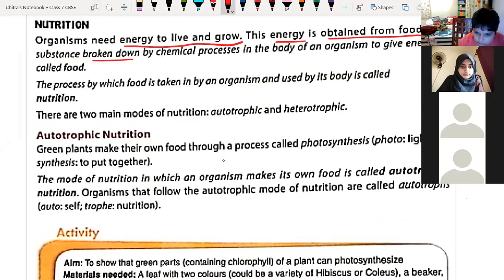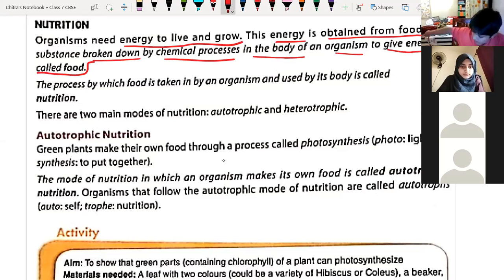The substance is broken down at every stage from complex substances to simpler forms. This is a chemical process which takes place in the body of an organism to provide energy to individual cells, and the material that we eat is called food. That food we eat every day, we churn it. The churning process is nothing but breaking down complex food into a simpler form.